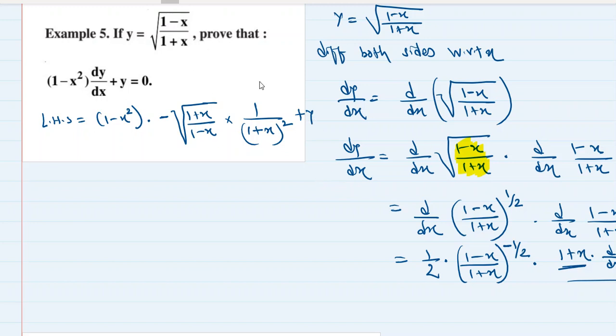Okay, I think the value of y is given over here. We can simplify it now.